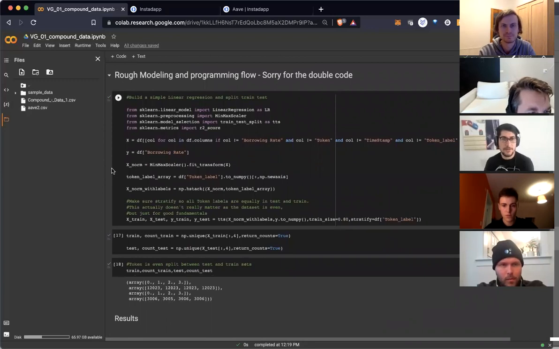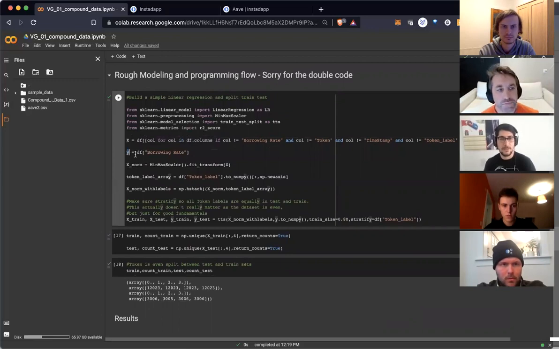So now we have the test and training sets for the data set and the target. We're going to use all of the columns besides borrowing rate and the string columns for the data set, and for the target we're just going to use the borrowing rate.